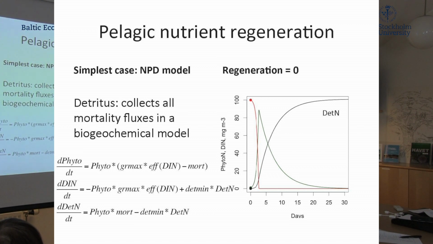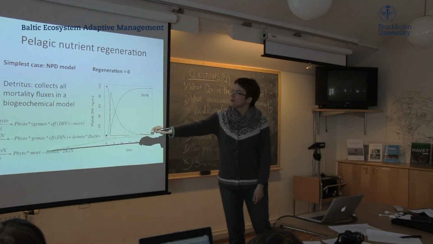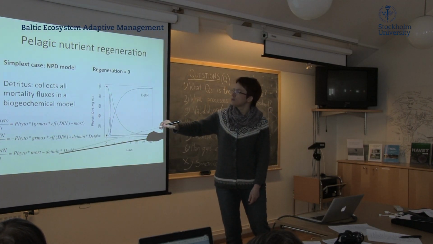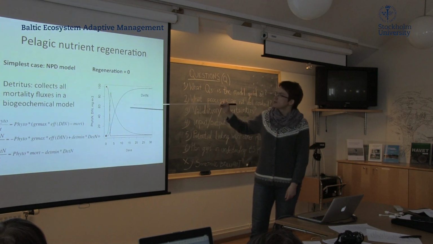And if you do the same sort of simple nutrient-phytoplankton-detritus model again, I have set the mineralization term, so the regeneration term, to 0 here, just to show you what happens in the model.